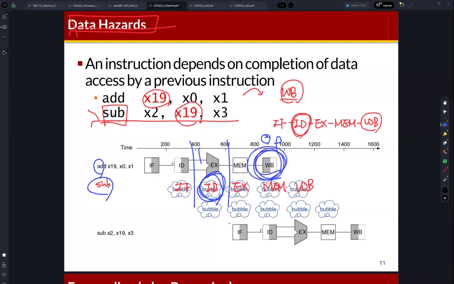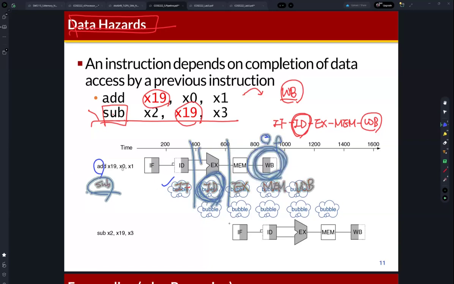So the sub instruction cannot start at this point because of data dependency.